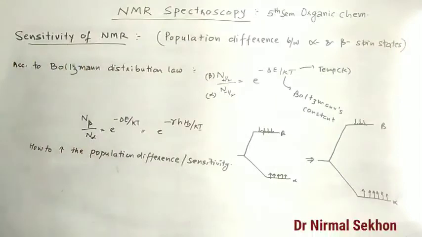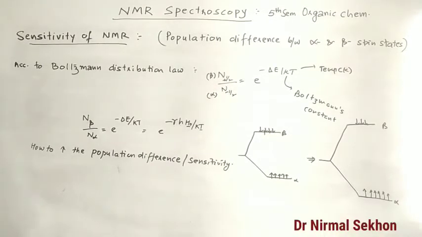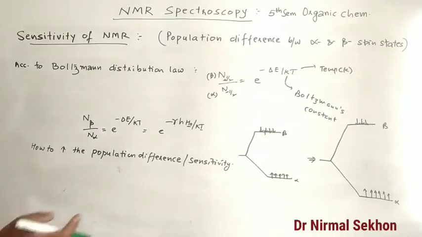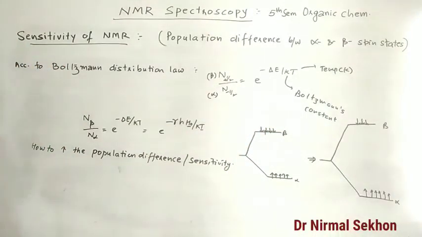Because in NMR spectroscopy, when we apply energy, both processes, simultaneous excitation and emission, take place. Some molecules go from alpha to beta state. When they go from alpha to beta state, they absorb energy.